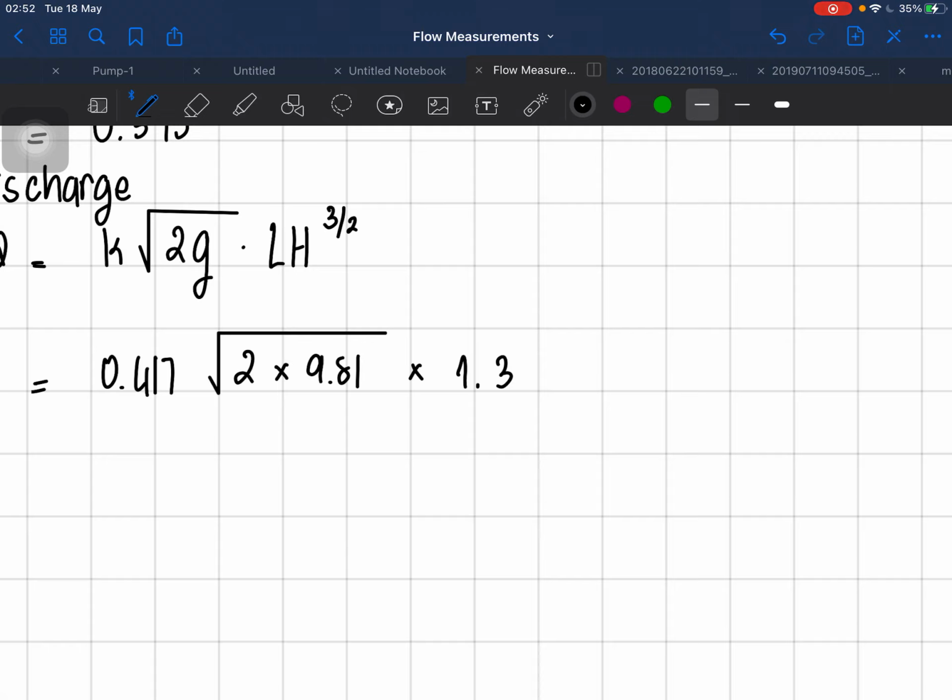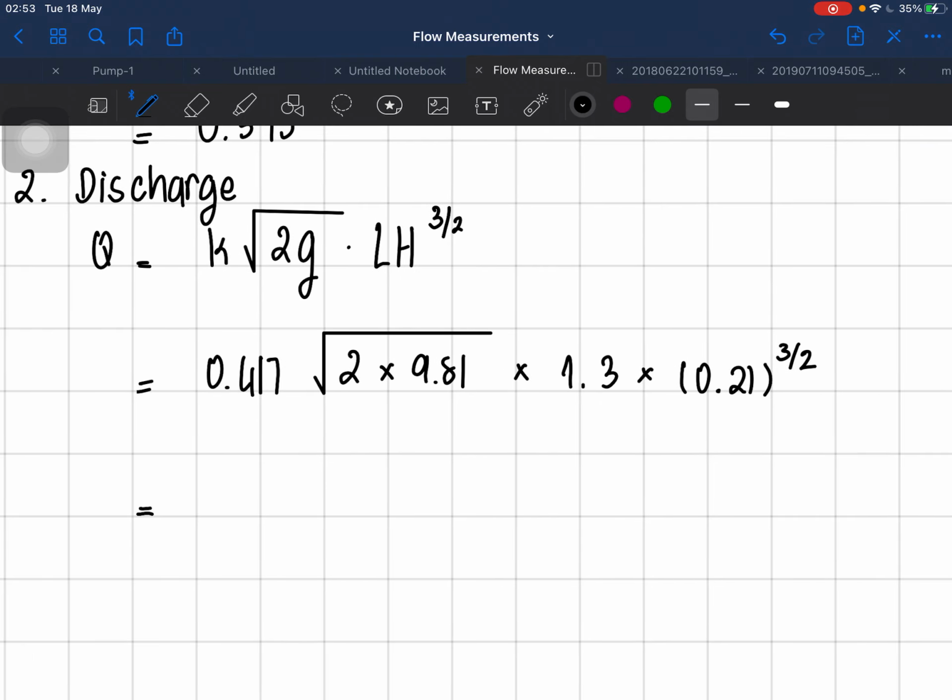Or you can just remember that the length is always larger than the height. I'm not sure if it's always, but from all the exercises that I've been solving, I think most of them are that way.